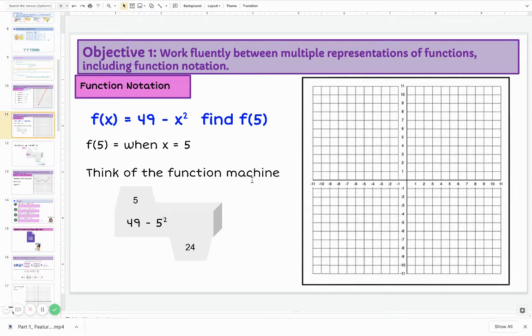So think of your function machine. We have an input of 5. We plug that into our equation. So we have 49 minus 5 squared. 5 squared is 25. So 49 minus 25 gives us 24. So that would be 24 would be your answer.